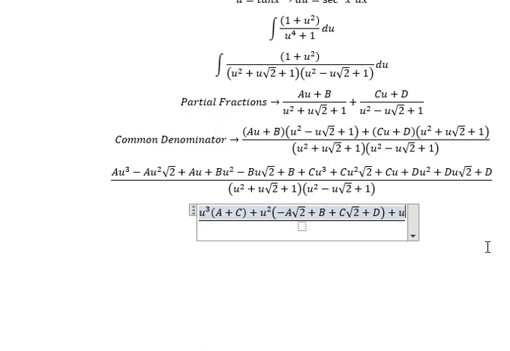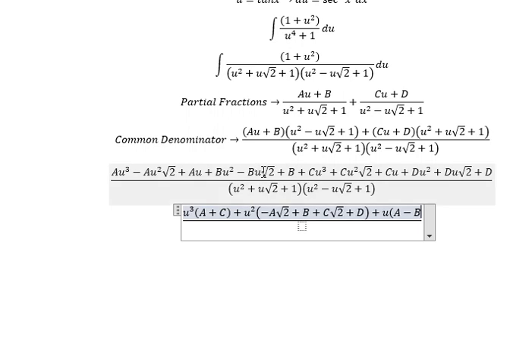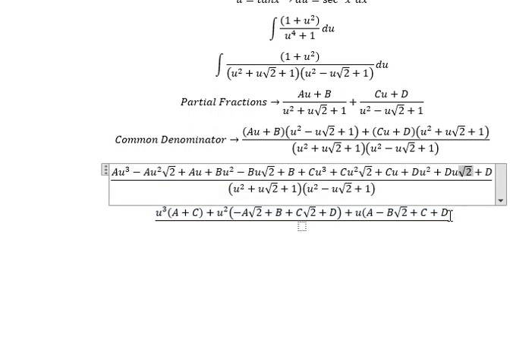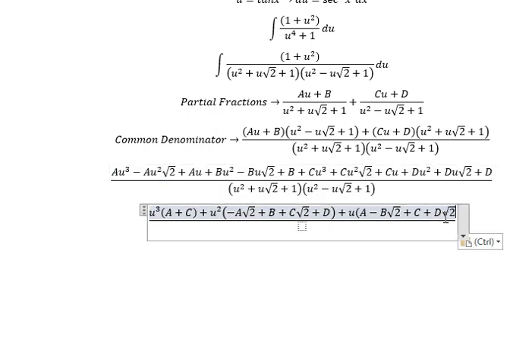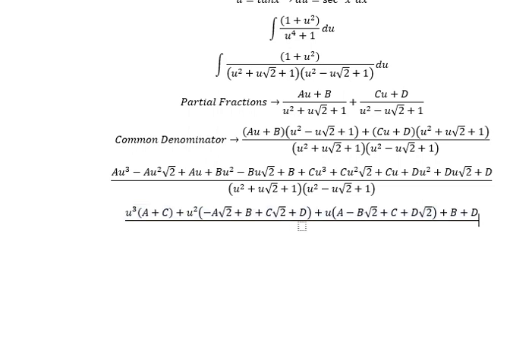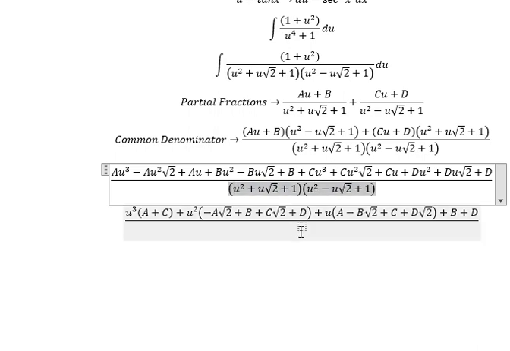The next one is about u, so we have a minus b with the square root of 2, then we have c plus d with the square root of 2. And the next one we have b plus d. And I will put this one go in here.